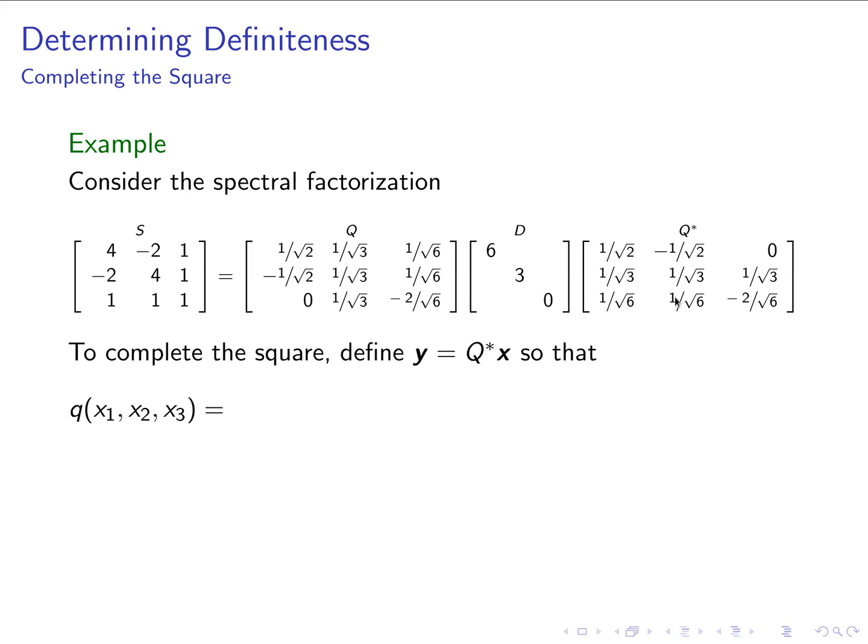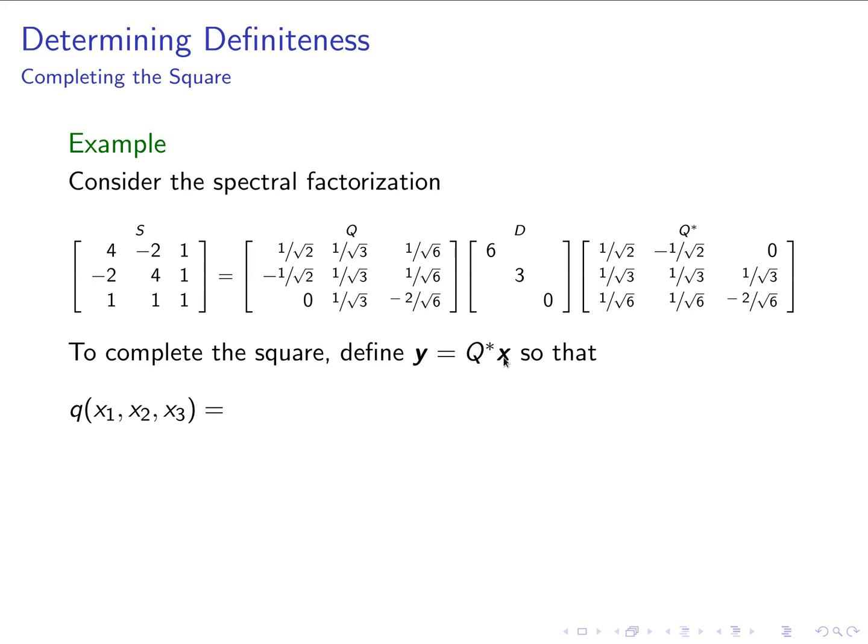Well, we can now apply the technique of completing the square to the quadratic form represented by this Hermitian matrix. Remember, to complete the square, we define a change of variables where a vector y is set equal to Q conjugate transpose times the variable vector x.